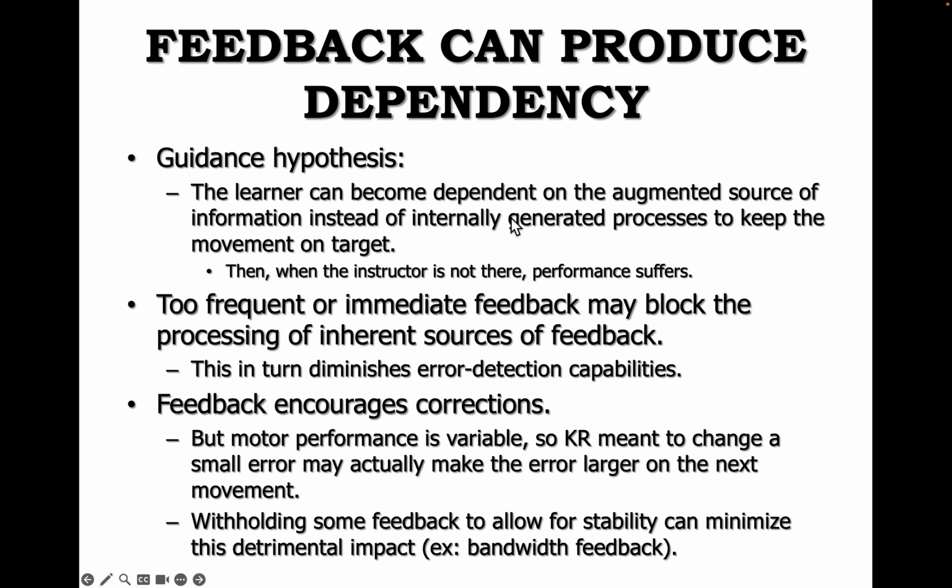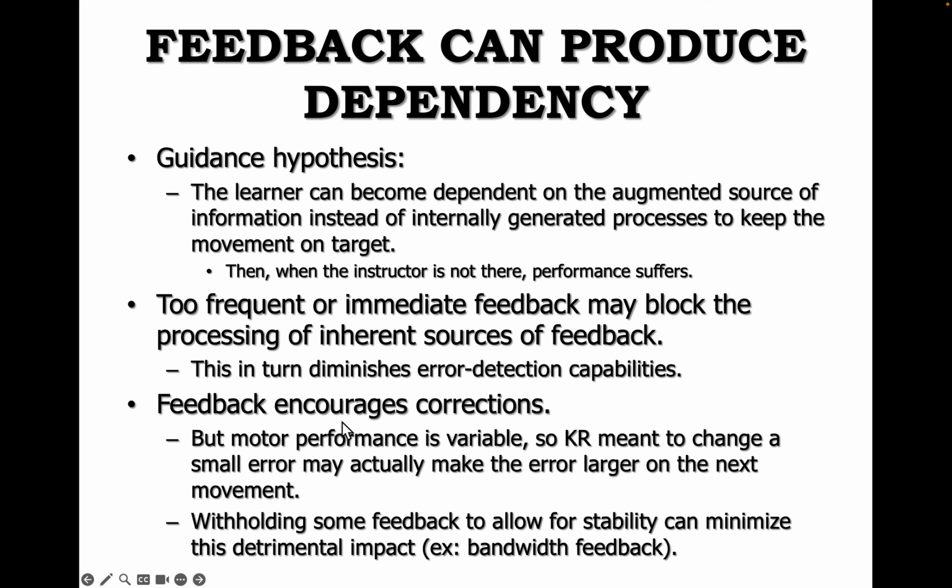And therefore, when this source of information is removed, such as the instructor giving feedback, performance will tend to suffer. We know that feedback given too frequently or too immediately may blunt the process of inherent sources of feedback. Meaning we're not learning amongst ourselves, we are learning and relying on the other sources of feedback.